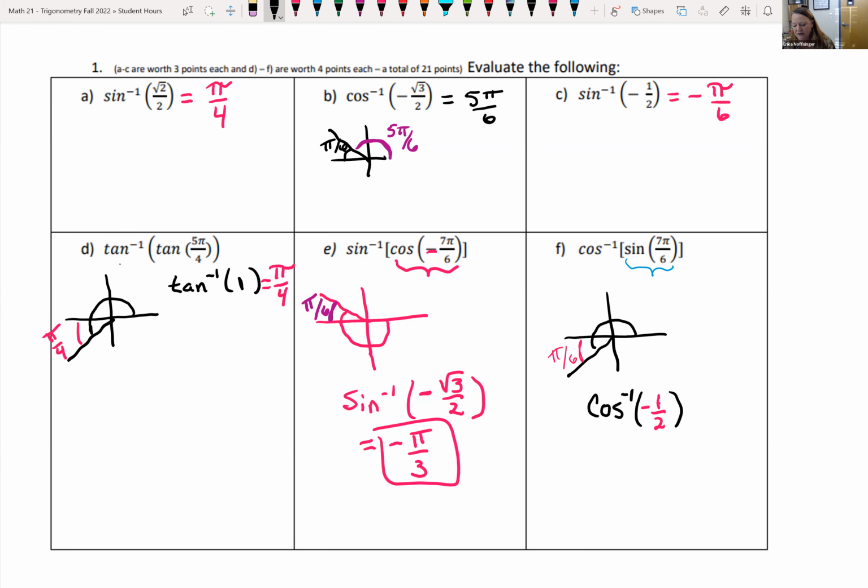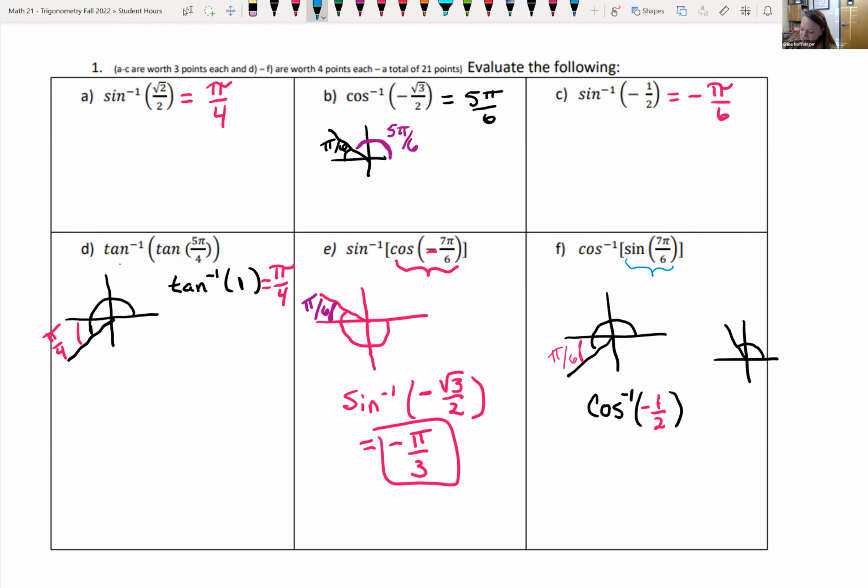And so again, I would think cosine of what is positive 1/2? Well, cosine of 60 degrees, which is pi thirds, is positive 1/2. I'm using cosine inverse, so we're going to be between 0 and pi. And so I need to figure out what that angle is.